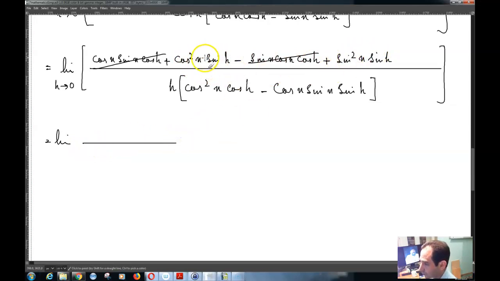So there you will have only 1 times sin h, as h tends to 0.